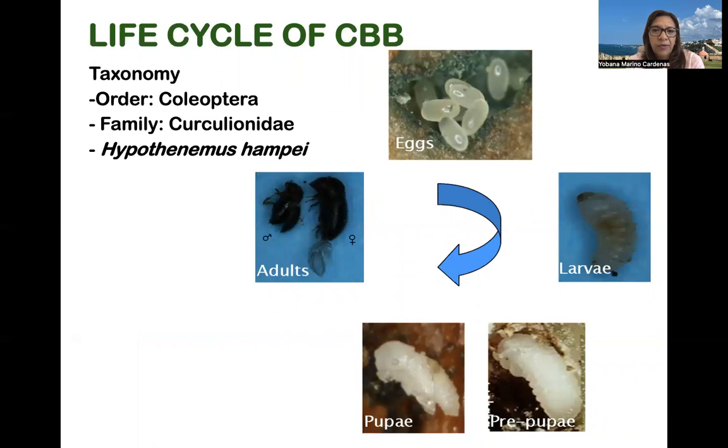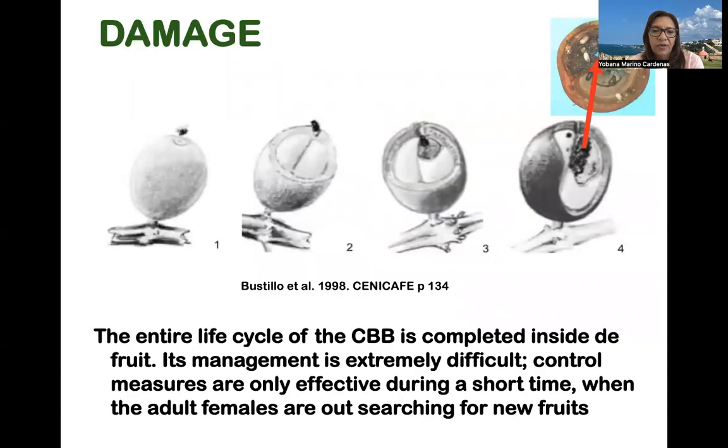As an introduction, the coffee berry borer, or Hypothenemus hampei, is the most important coffee pest worldwide. The management of the coffee berry borer is difficult because the entire life cycle occurs well protected inside the fruit. Only when the adult females are out searching for new fruits to colonize is the appropriate moment to apply a control measure, like biological or chemical.